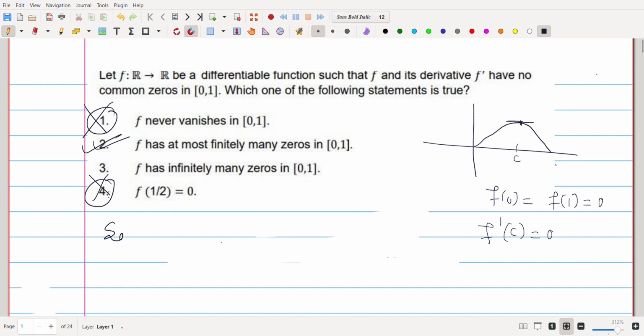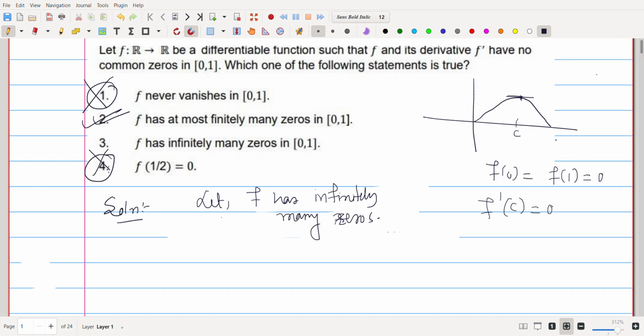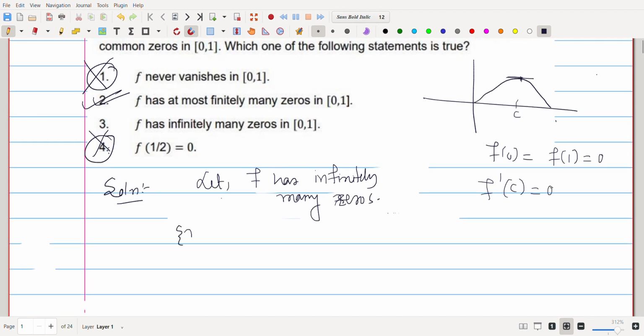So the solution: let f have infinitely many zeros, and consider x_n to be a sequence of distinct zeros, such that x_n is not equal to x_m.